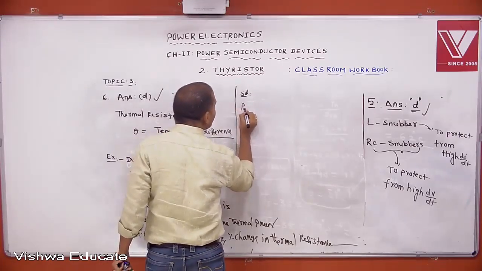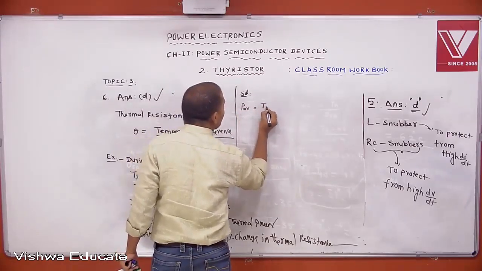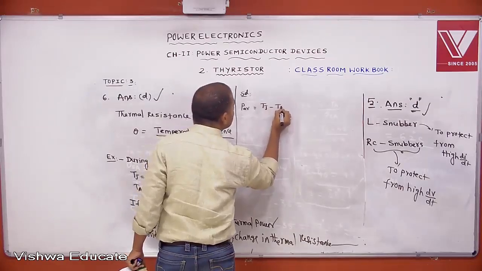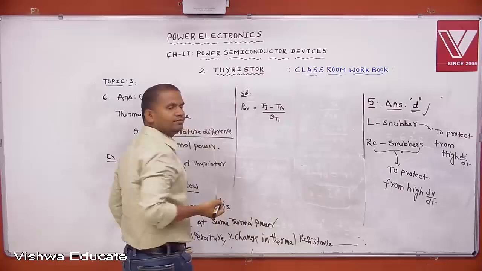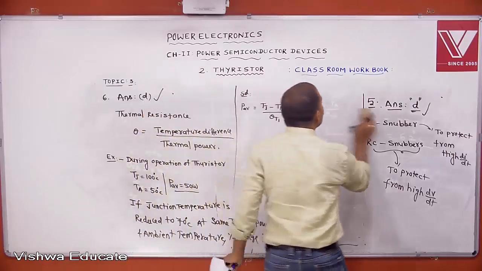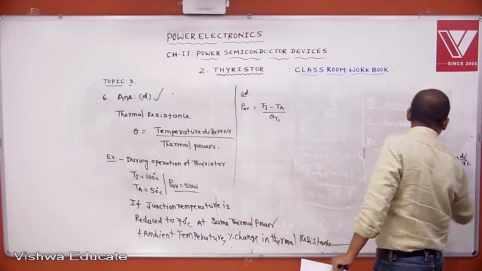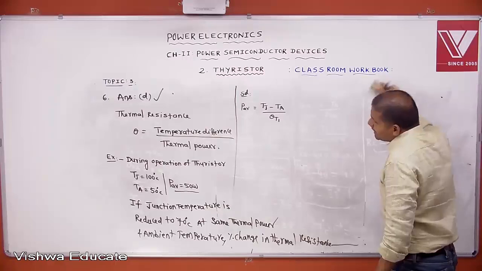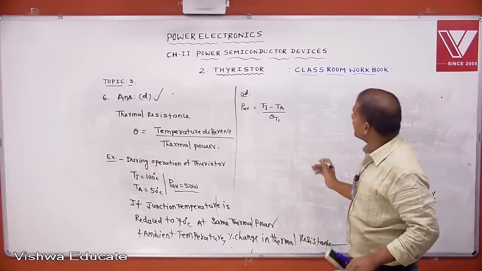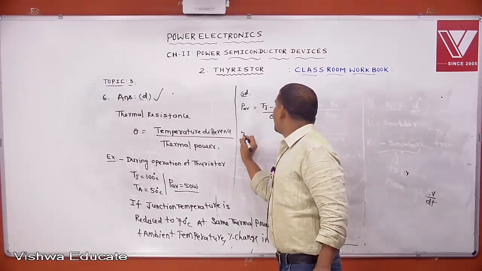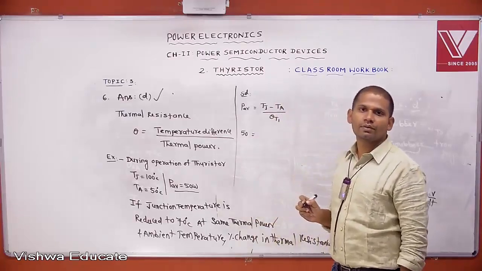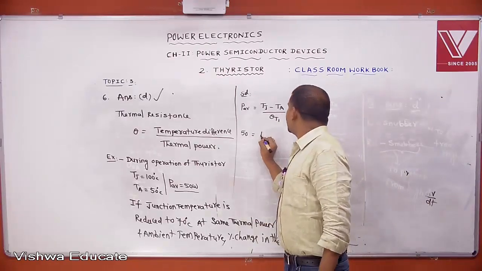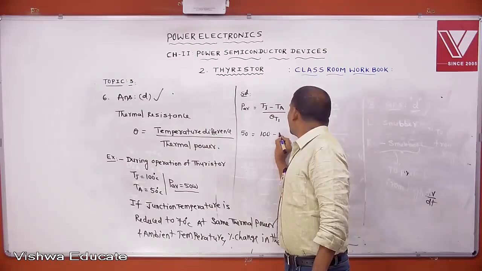In the first case, average thermal power equals Tj minus Ta, junction to ambient, divided by total thermal resistance. Let us assume the thermal resistance is theta T1. The average thermal power given is 50 watts, the junction temperature is 100 degrees centigrade, and the ambient temperature is 50 degrees centigrade.